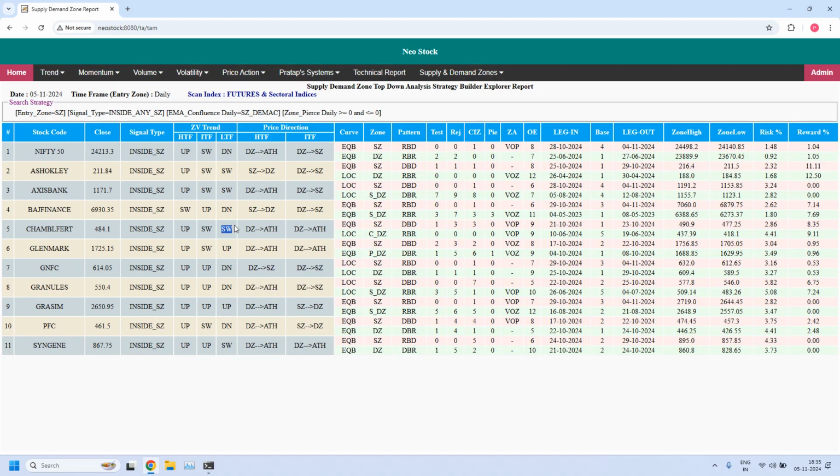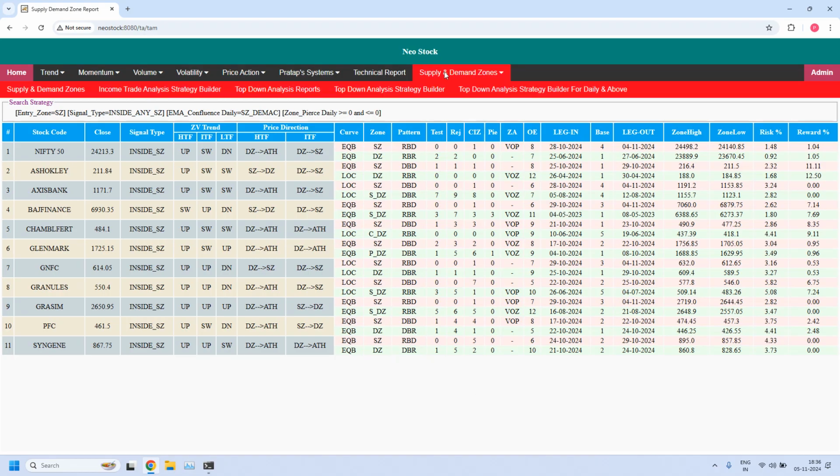So ignore those sideways trend related stocks. Look for downtrend related stocks to plan your bearish trade setups, or look for uptrend related stocks to plan your counter trend trade plans. Okay, this is about the daily time frame.